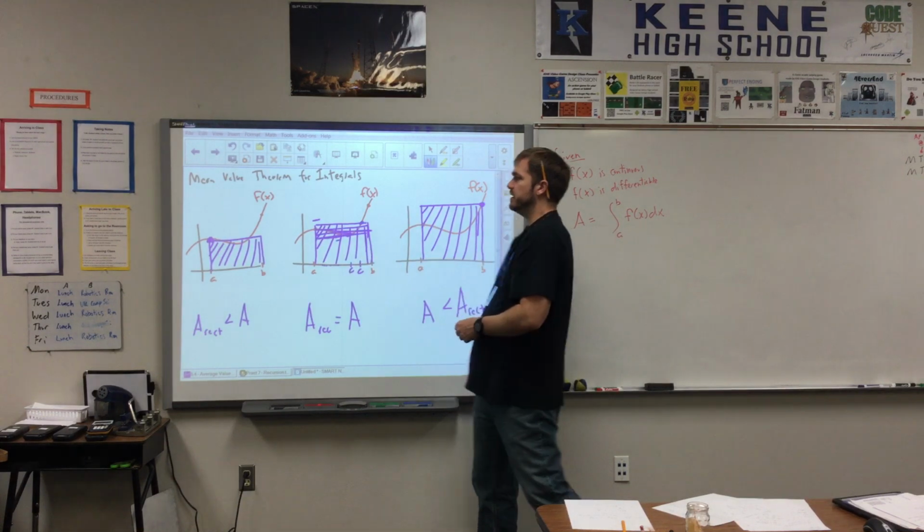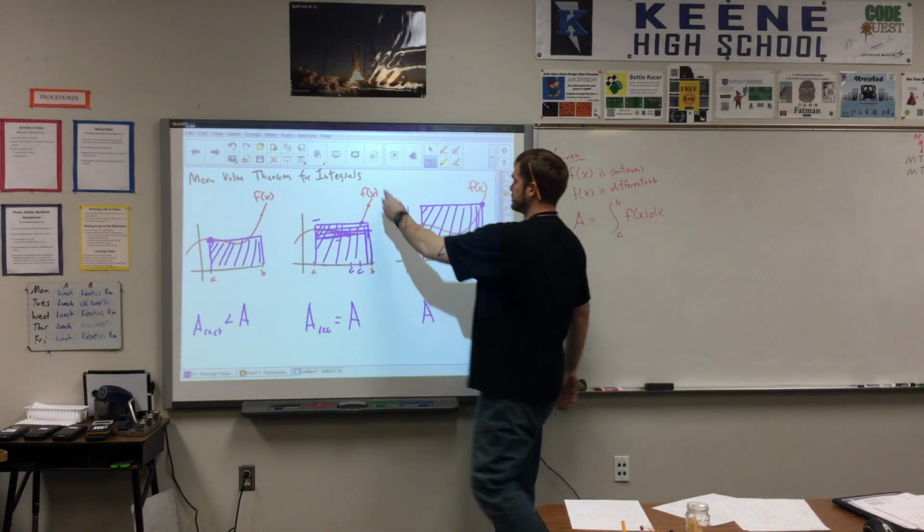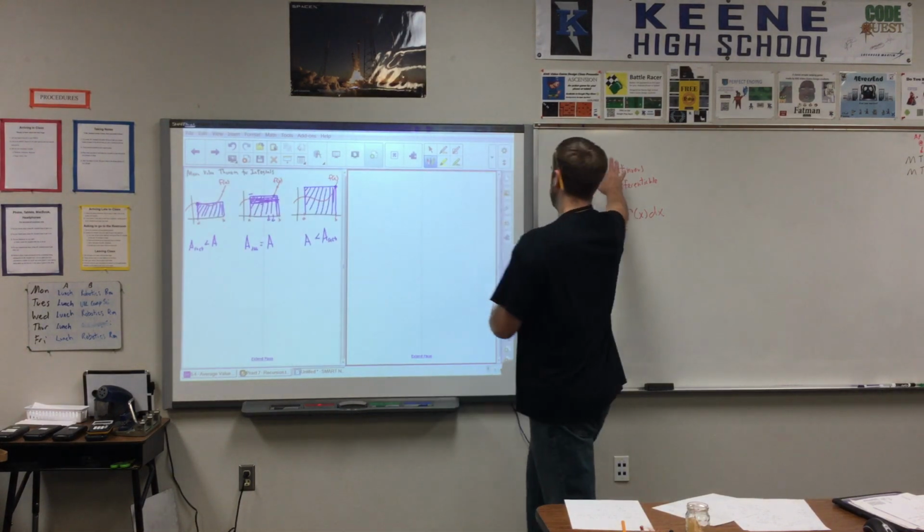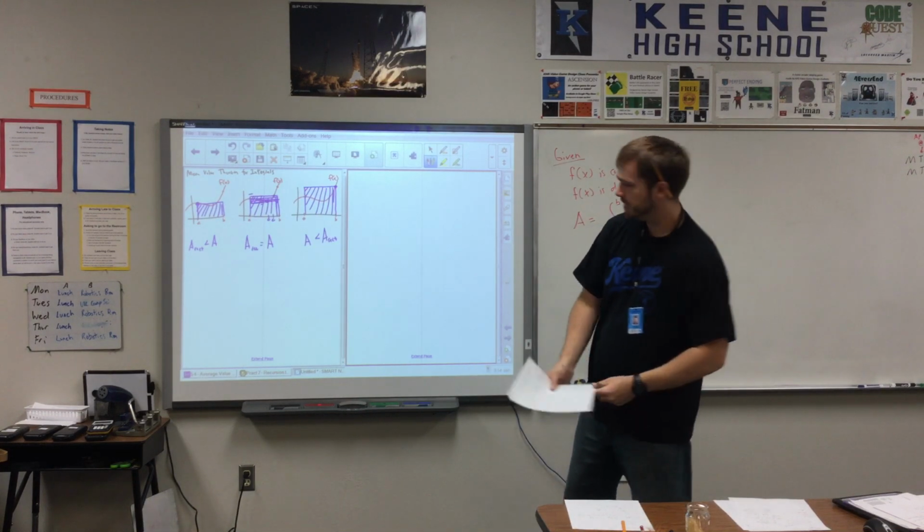And that's what the mean value theorem for integrals says. It says, given all of this stuff, make sure I write it down exactly right here.